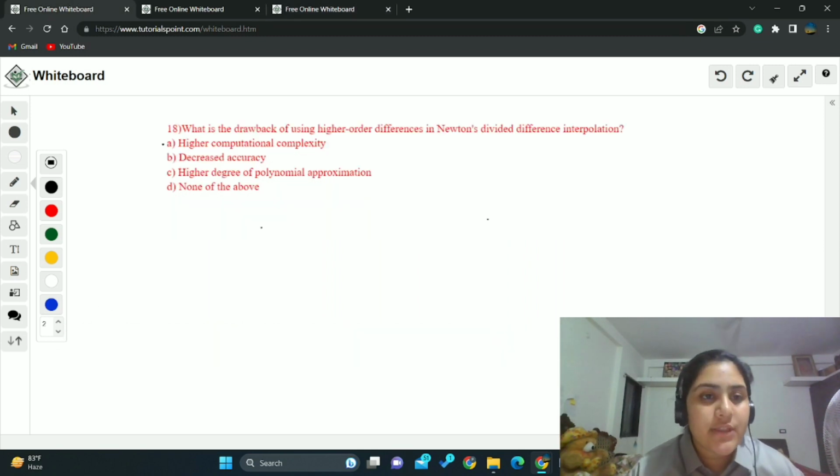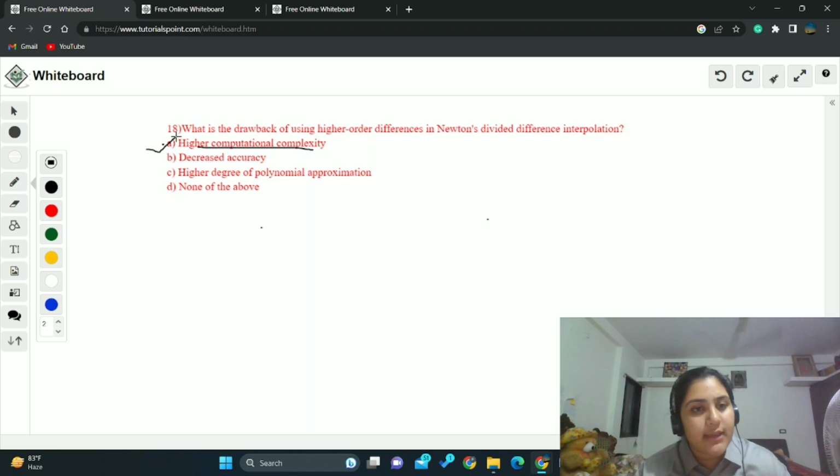The next question, question number 18. What is the drawback of using higher order differences in Newton divided difference interpolation? Higher computational complexity, decreased accuracy, higher degree of polynomial approximation, none of the above. Seeing option A, higher computational complexity, obviously this is the drawback of the Newton divided difference interpolation technique, because in this technique we construct a divided difference table.